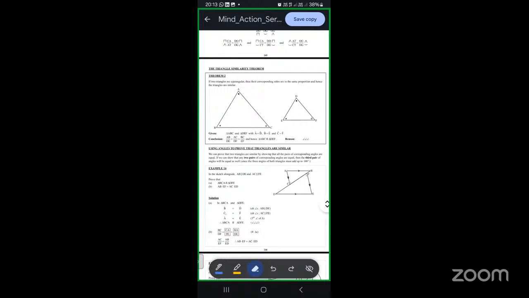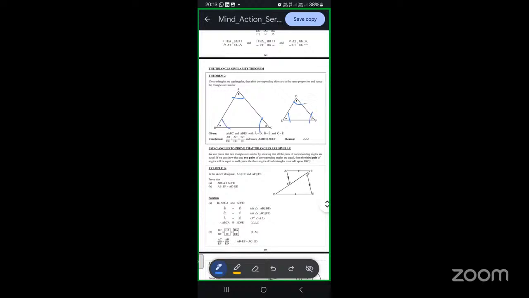Anyone, guys, who can tell us what the term equiangular means? Is there anyone, guys? All the angles are equal. Oh, yes, 100% correct. Therefore, if triangle ABC is equiangular with triangle DEF, then this angle will be equal to that, this will be equal to that, this will be equal to that.